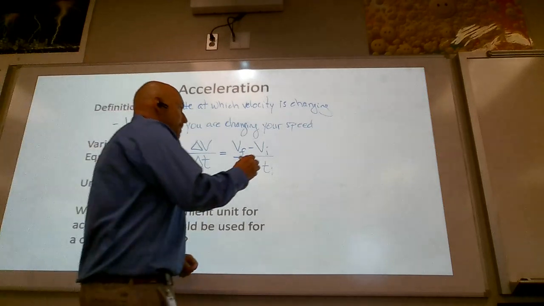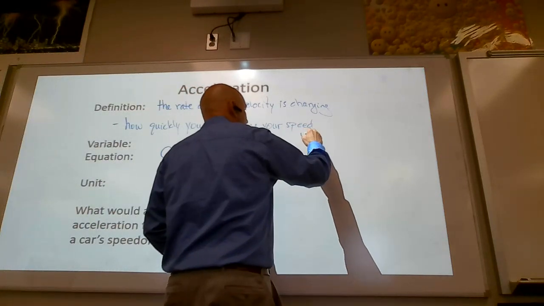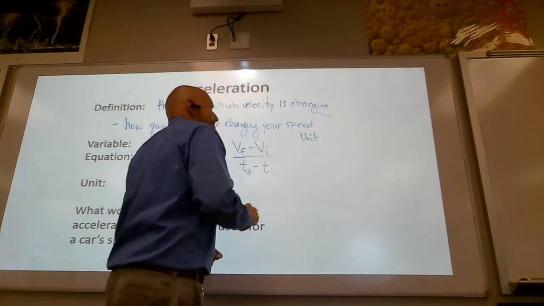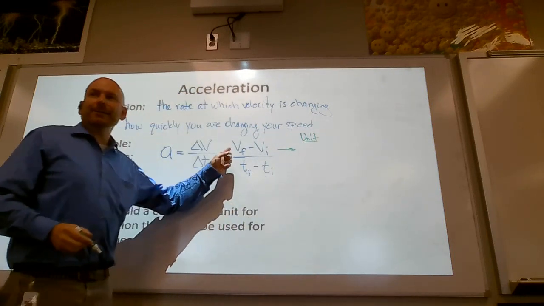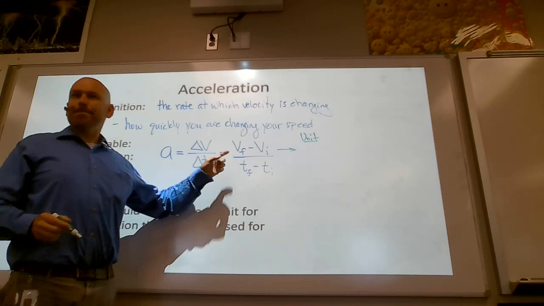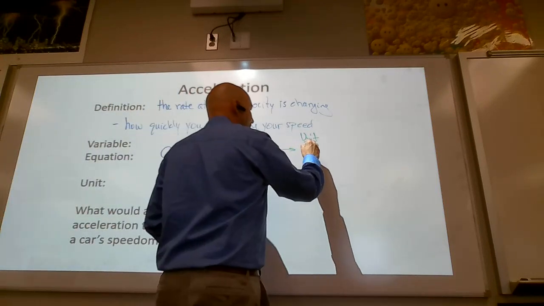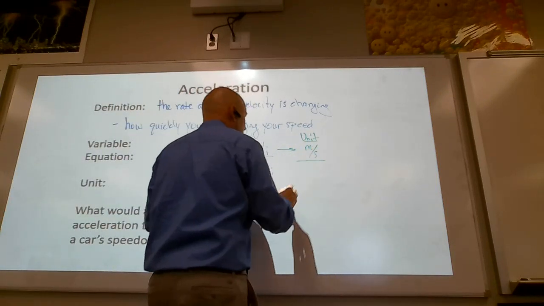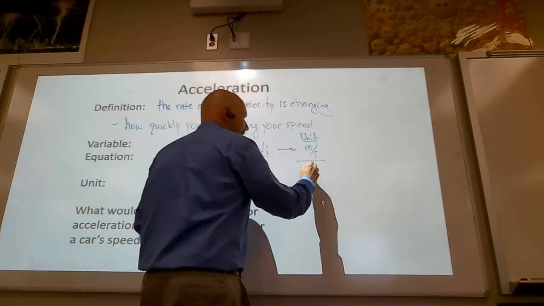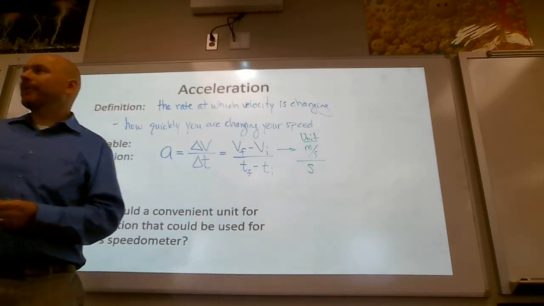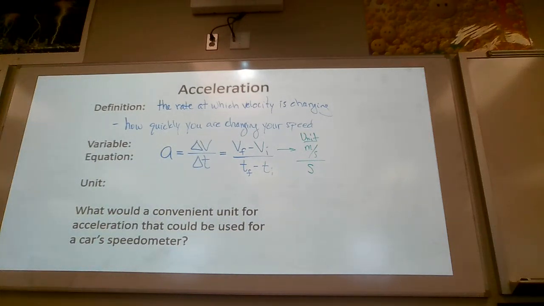The unit, so check this out. What is the unit for velocity? Meters per second. And what is the unit for time? Seconds. The unit for acceleration is meters per second per second.